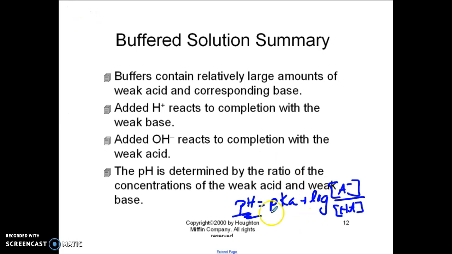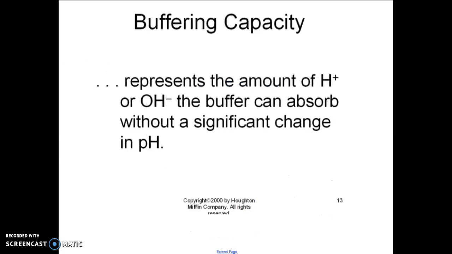So now, getting back to this idea that they contain relatively large amounts of the acid or the base, that has to do with what we're talking about as buffer capacity. Buffer capacity represents the amount of acid or the amount of OH- that the buffer can absorb without significant change in pH.